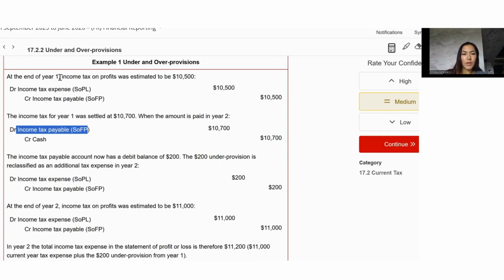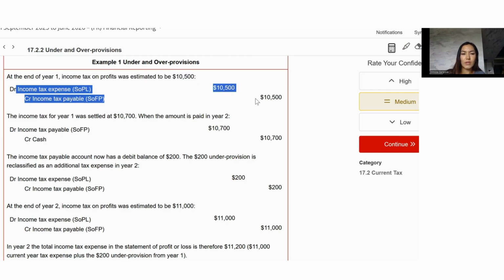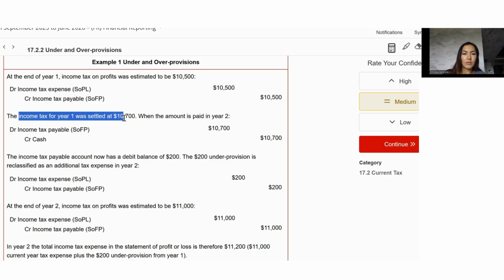So we're going to look at this example now, under and over provision. At the year end, income tax on profit was estimated to be 10,500, and you did this journal entry, income tax expense and income tax payable. Then income tax for year 1 was settled as 10,700, when the amount is paid in year 2. So in year 2, you are paying cash, because you closed already the first year.